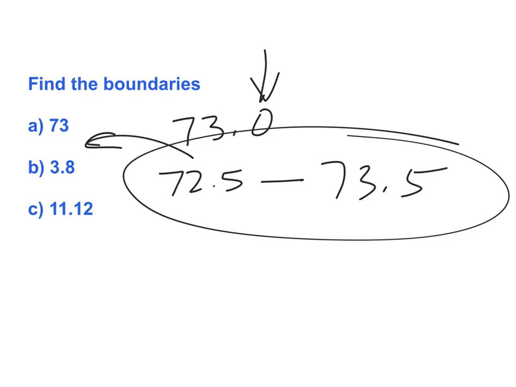Okay? So it's the same idea that you're going to do for B and C. Go down to the next smallest one and then go up to the next biggest one. Question? 74 though? No, it's always to one decimal place bigger than the number given. So since 73 has no decimal place here, I go one decimal place beyond that.